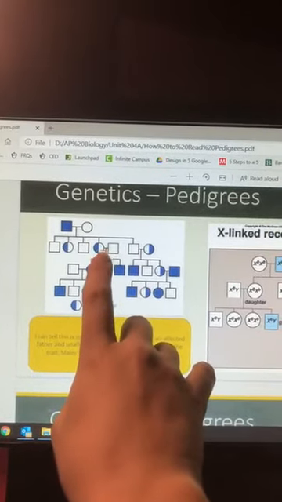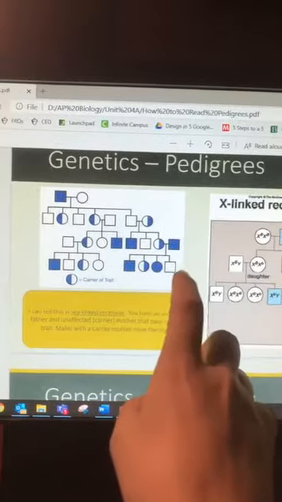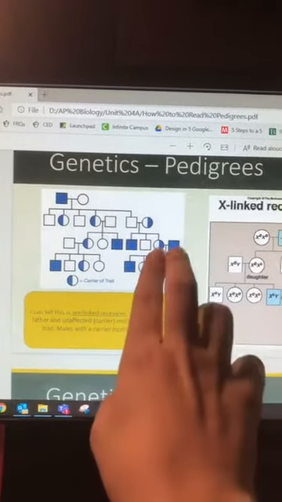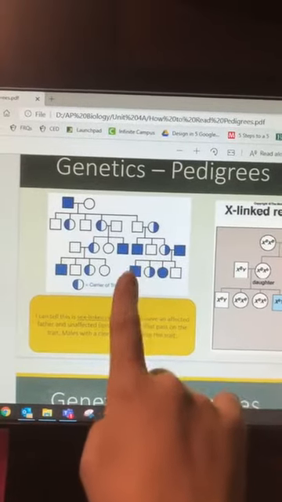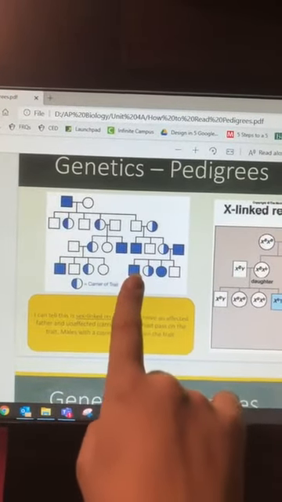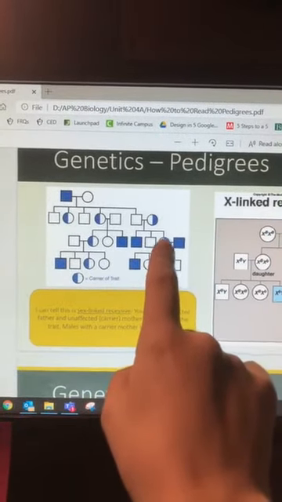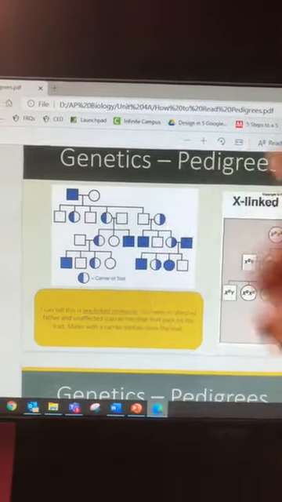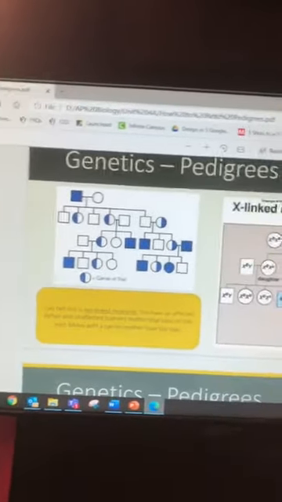They have carrier females, but no affected males. And then you can see here that the carrier female passes it on to her son. In order for a male to have it, he must have gotten it from his mother. So you can see that this mother passed it on to her son. And again, that is showing a sex-linked recessive.